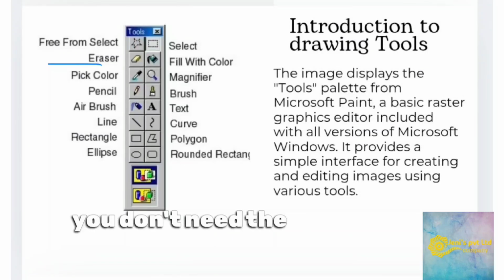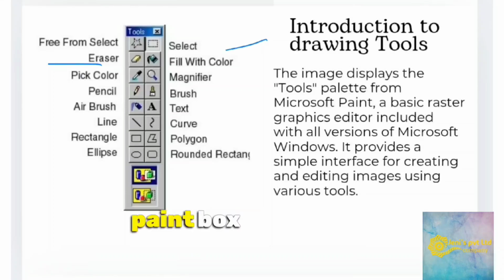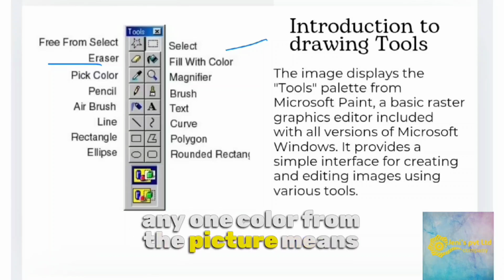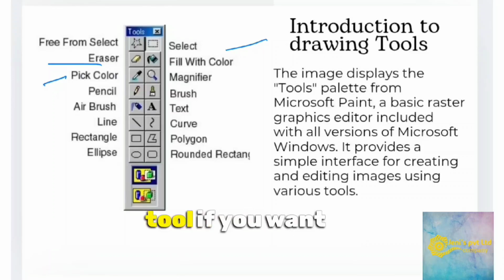If you don't need that picture, you can erase it on the screen. Next you can fill color with the paint bucket. If you want to pick any one color from the picture, you can click the pick color tool. If you want to look deeply, you should click the magnifier tool.